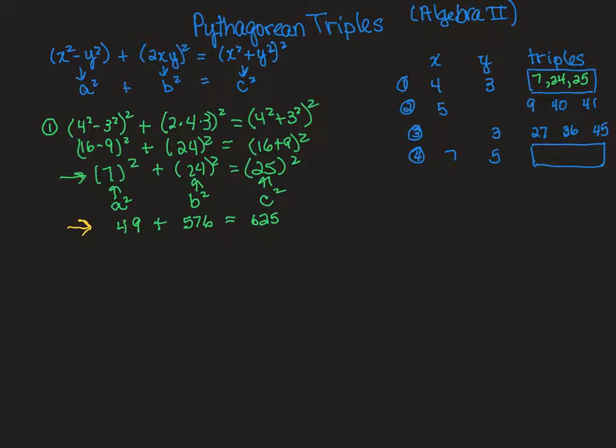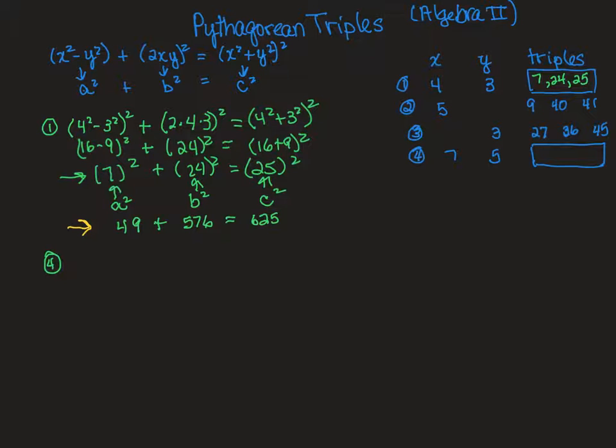Okay, let's look at number 4. I want to do the same thing, where they give me the X and Y. X is 7, Y is 5.